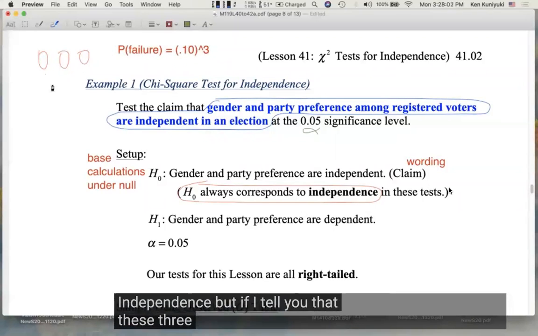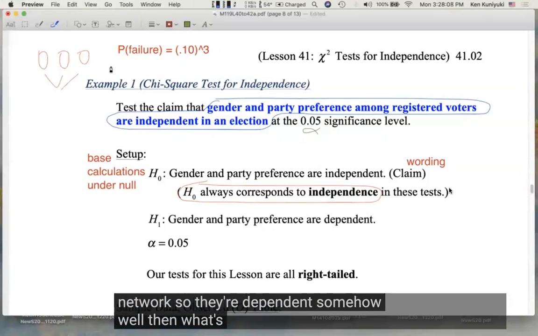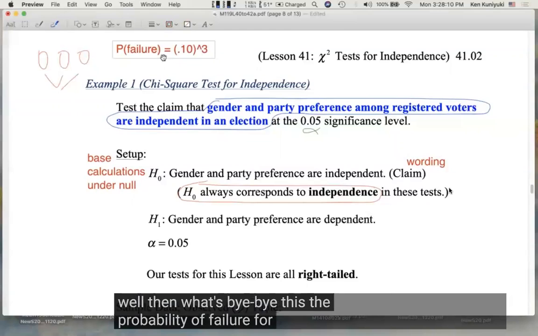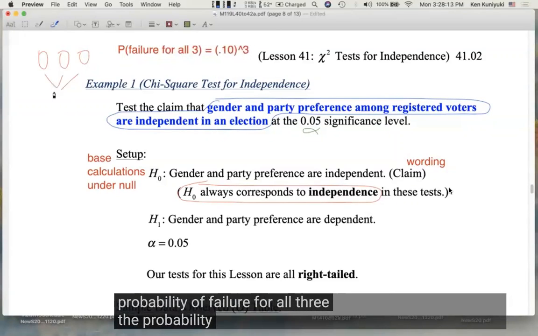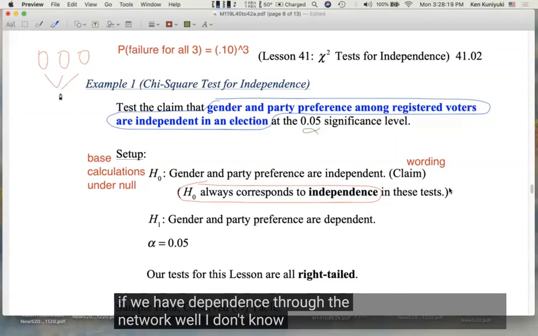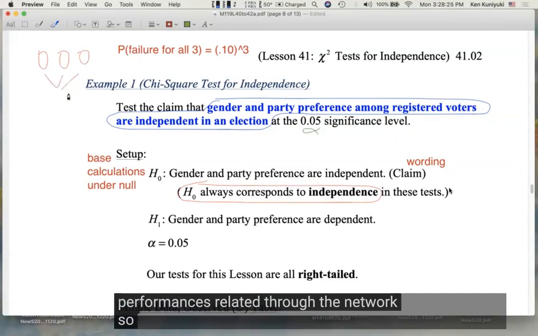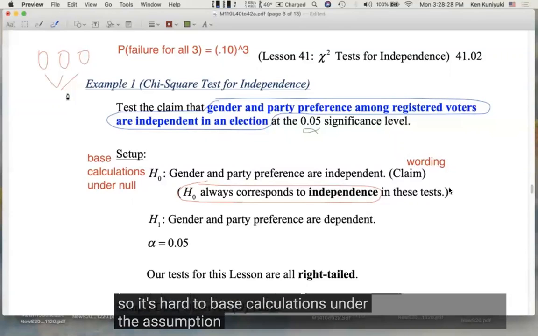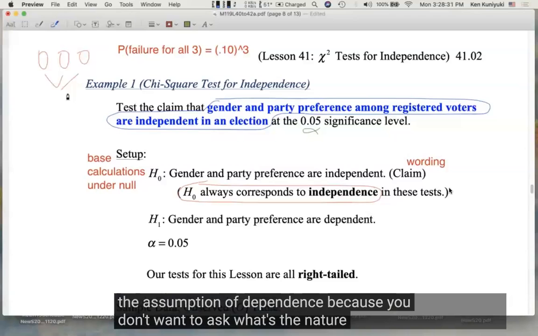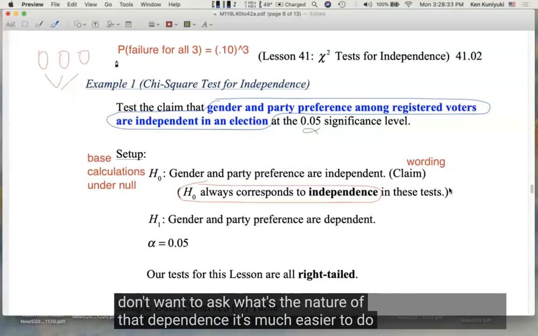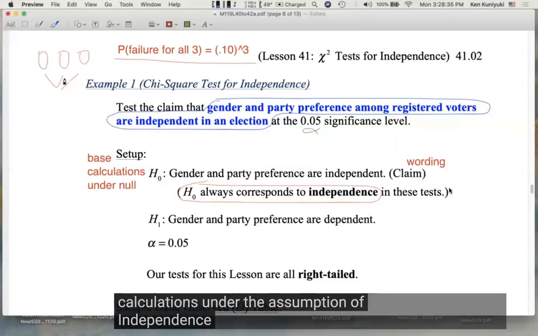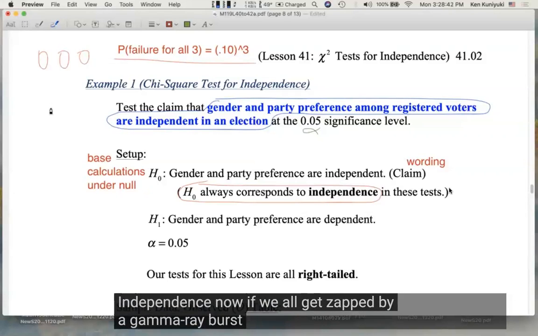But if I tell you that these 3 machines are connected in a network, so they're dependent somehow, well then what's the probability of failure for all 3 if we have dependence through the network? Well, I don't know. I mean, how are these machines related and how are their performances related through the network? So it's hard to base calculations under the assumption of dependence because you'd want to ask, what's the nature of that dependence? It's much easier to do calculations under the assumption of independence. Now, if we all get zapped by a gamma ray burst, well, I can't account for that.